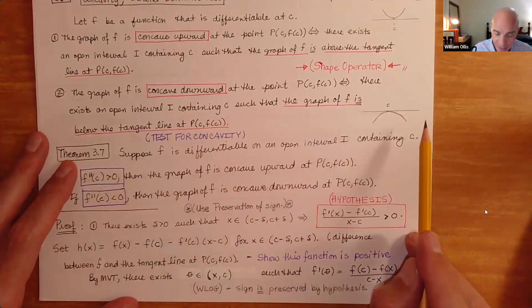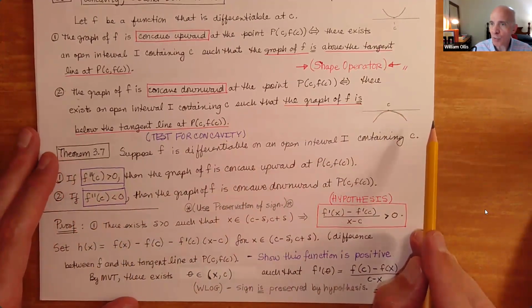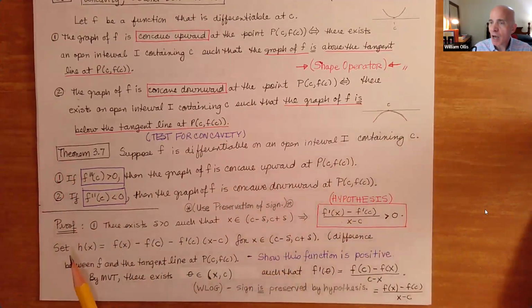So again, a positive second derivative at c would give us the conclusion of an upward concavity in the neighborhood of c. And of course, what we would have to do is analyze the sign and just to basically see how big that interval would be.